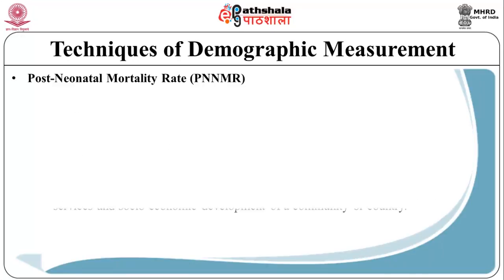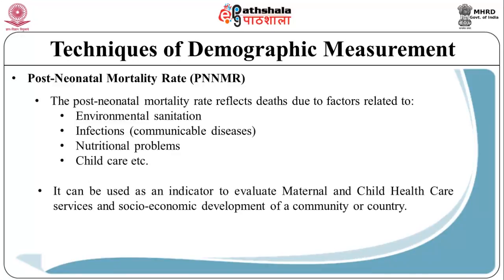Now, the post-neonatal mortality rate reflects the death due to factors like environmental sanitation, infections, communicable disease, nutritional problems, lack of child care, etc. It can be used as an indicator to evaluate maternal and child health care services and socio-economic development of a community or country.